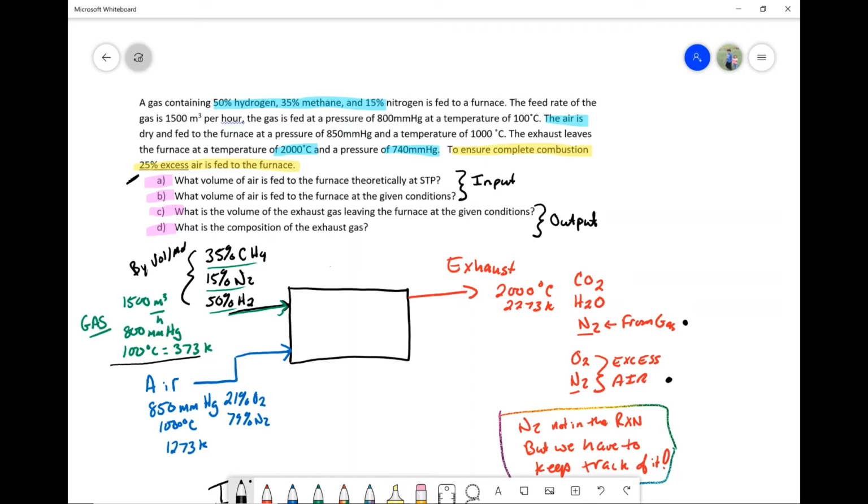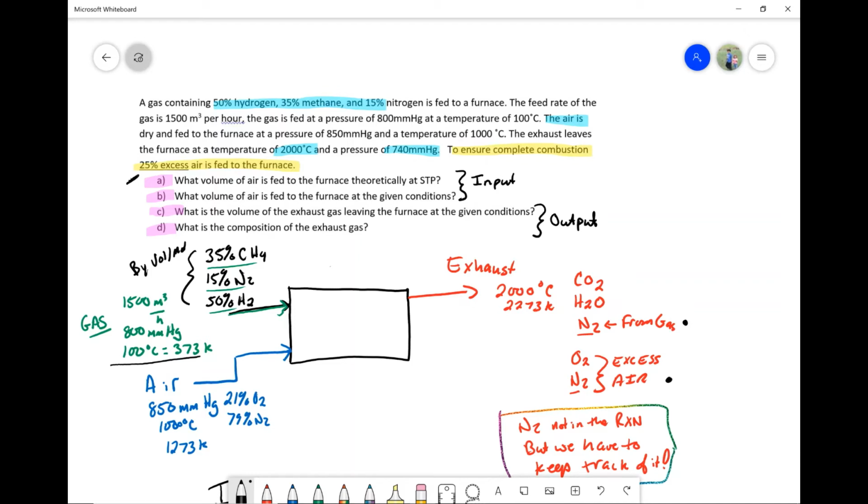To figure out the CO2 and the H2O, we have to go back to our stoichiometric relationships from our two reaction equations, because that's where our CO2 and our H2O came from. The N2 from the gas is going to be pretty straightforward. It's simply 0.15 times our entering gas.